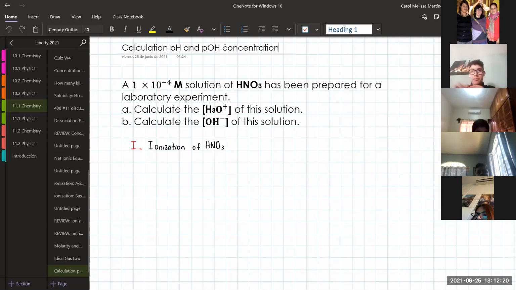The ionization happens like this. You have your acid and you combine it with water. One part of the products will always be the same, which is the hydronium ion.